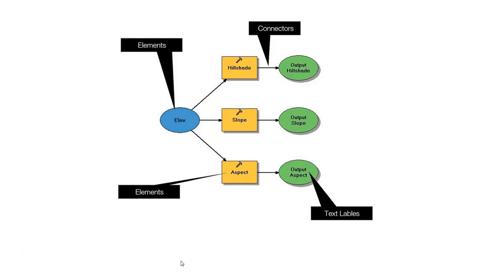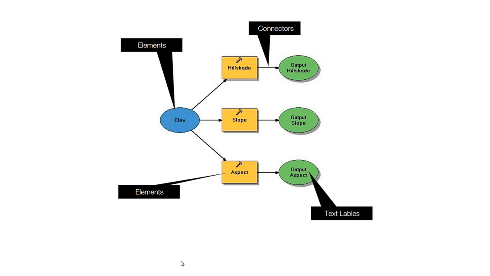So in Class 9 we were using the ArcGIS model builder to replicate working processes from the assignment, and we had basically three types of elements. We had inputs, tools, and outputs. We were connecting these through what's called a connector.